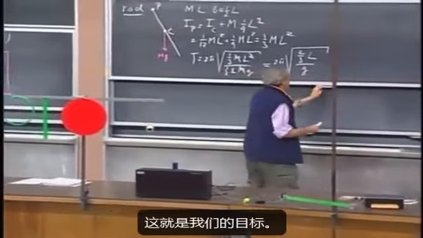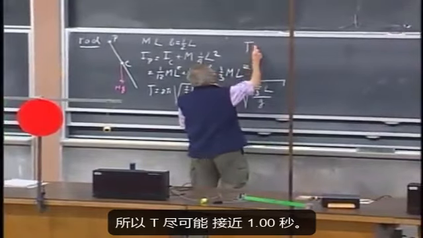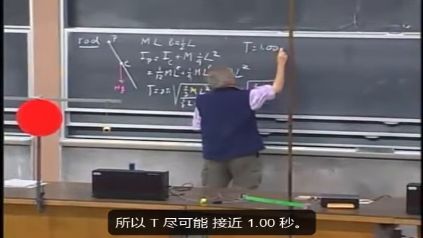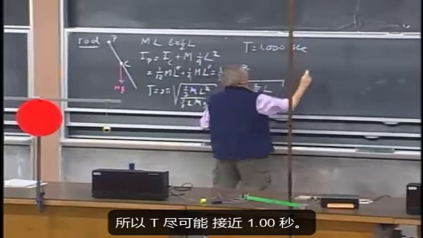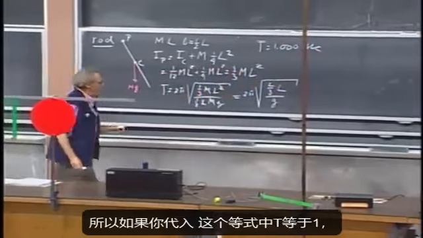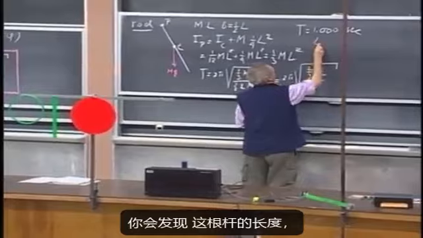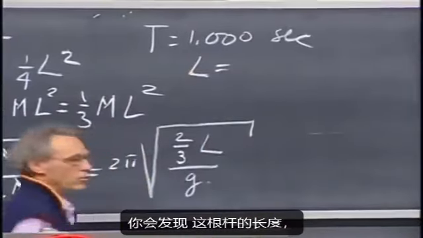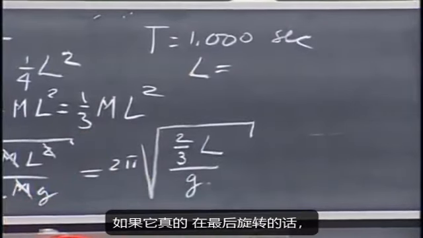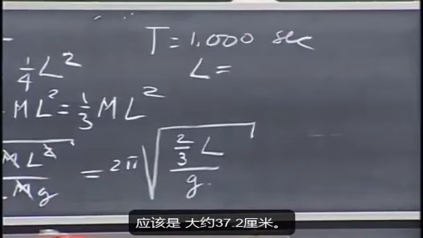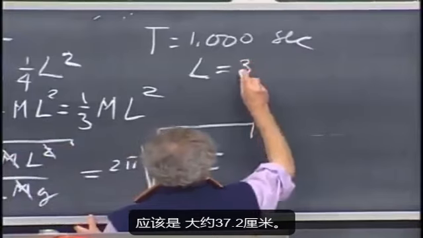That was our goal. So T is as close as we can get it to 1.00 seconds. And so if you substitute in this equation T equals 1, you will find that the length of this rod, if it is really pivoting at the very end, should be about 37.2 centimeters.